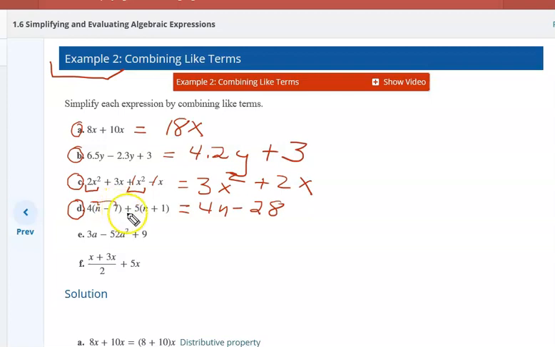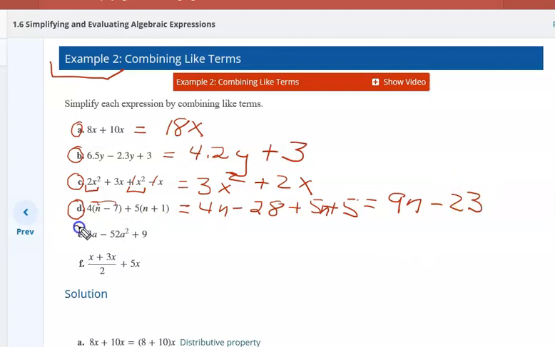Distributing this, and then plus 5n plus 5. Now we have our like terms. We have a 4n and a 5n gives us a 9n, and a negative 28 and a positive 5 gives me a negative 23.